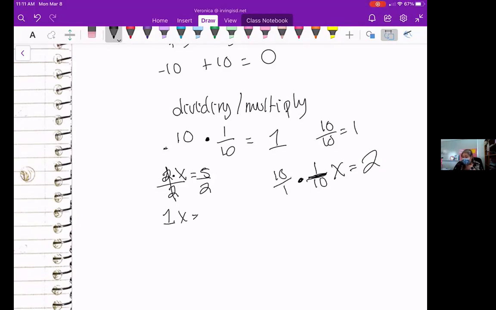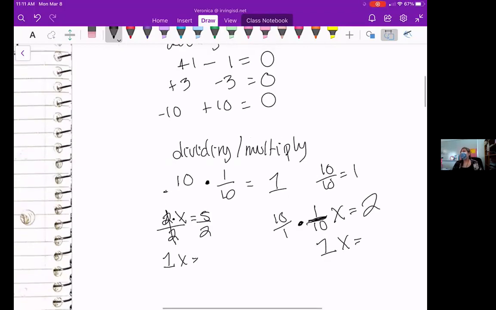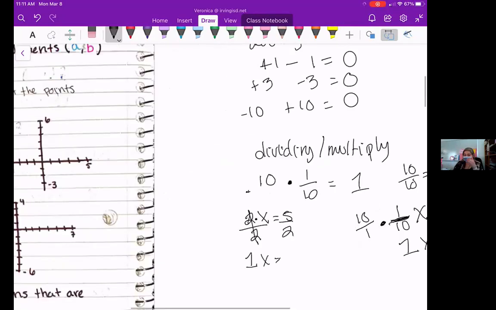Why do we multiply by that? Because 10 times 1 over 10 is 1x, which is what you want. So inverses basically means to undo and go back to the original. When you're adding and subtracting, that's 0. When you're multiplying and dividing, the goal is 1, okay? So just pre-knowledge.